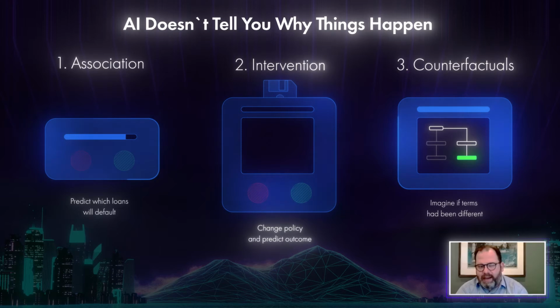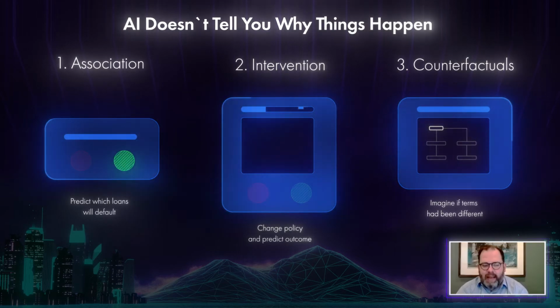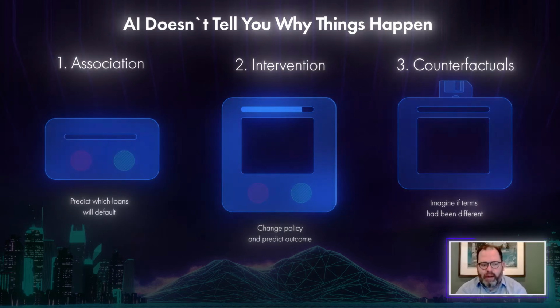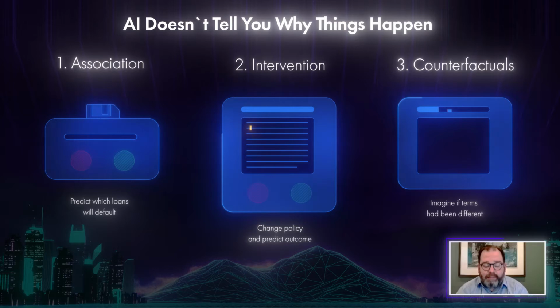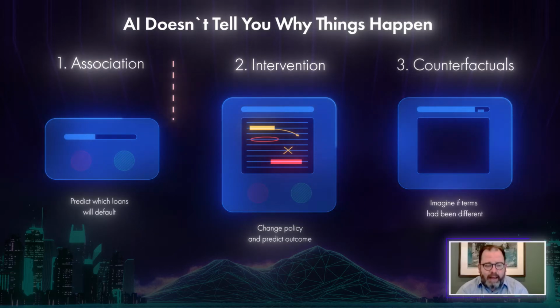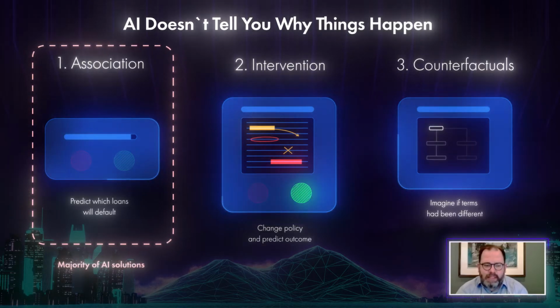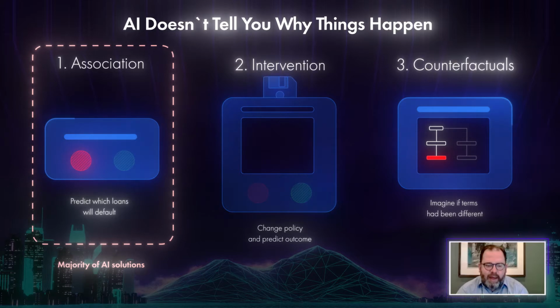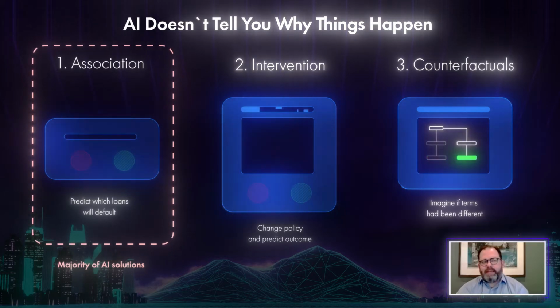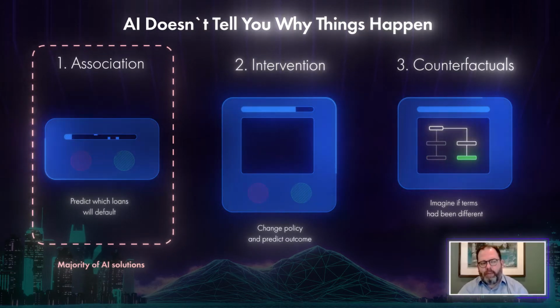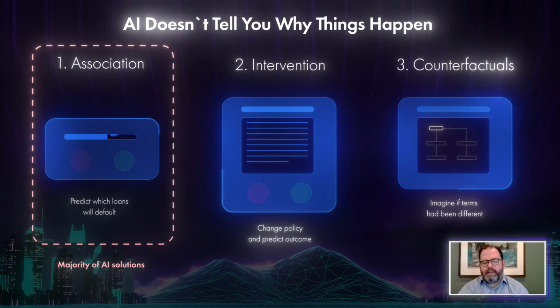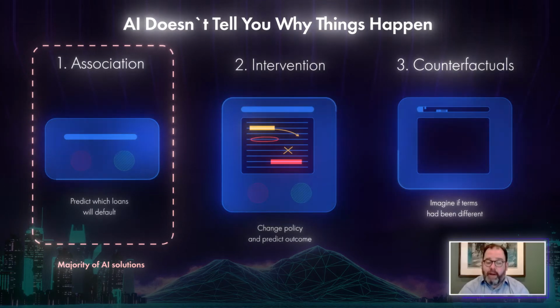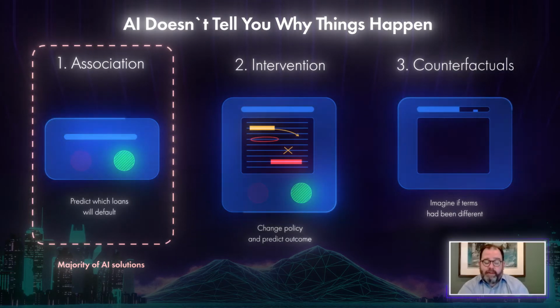Many times AI, I would say the very large majority, maybe 95%, deals with number one, which is the association side. So these values are associated with predicting this kind of outcome very often, as opposed to other values that aren't.